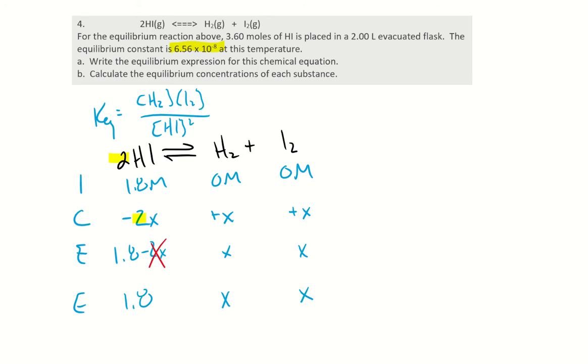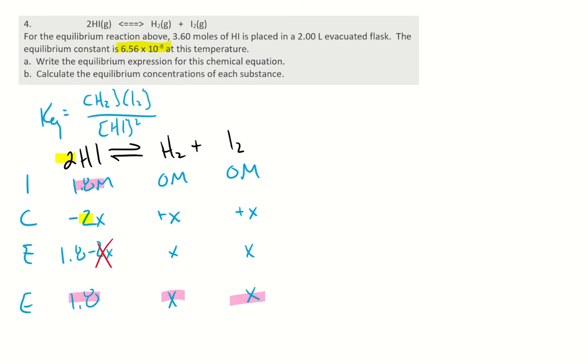Now don't worry, we're not creating matter out of nothing. It does seem as if we started with 1.8 moles and are going to end with 1.8 moles plus a little bit more. But because of significant figures and rounding, it really will appear that way anyway. Now what I need to do is take my equilibrium concentrations and plug them into the equilibrium expression.